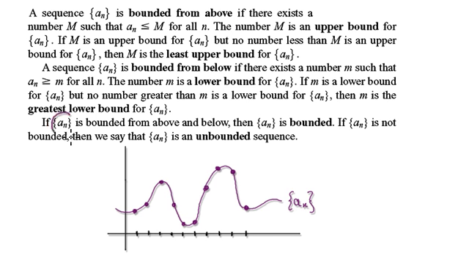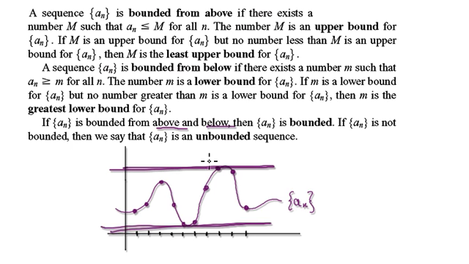And if the sequence is bounded from above and bounded from below, basically it's trapped in a tunnel, if you like. If the sequence is trapped within a tunnel, then we say that the sequence is bounded, just bounded.